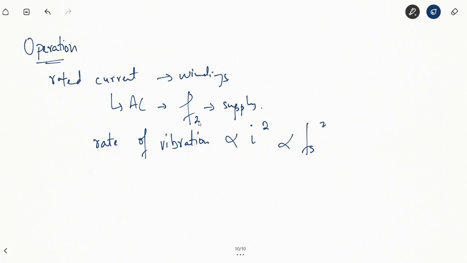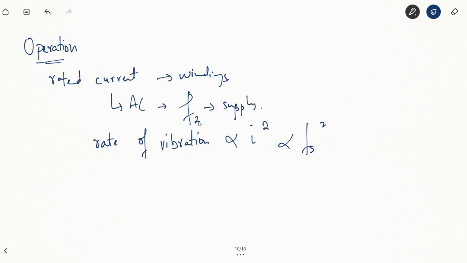So reeds, since they are movable at one end and fixed at the other end, will be vibrating with respect to the electromagnet. This rate of vibration is actually proportional to the current square, or in other words the supply frequency square.